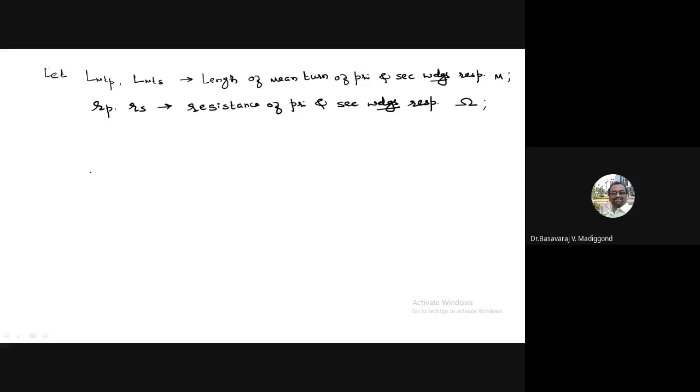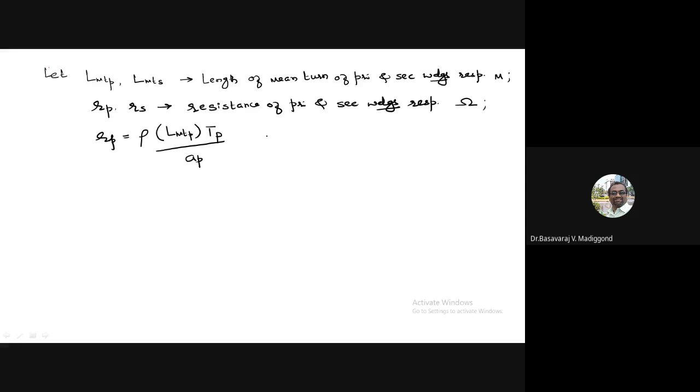Next, how do you find the resistance? You know, resistance is given by rho L by A, isn't it? So here rho L is LMTP into number of turns on the primary, TP, divided by AP, that is the area of cross section of the primary winding.